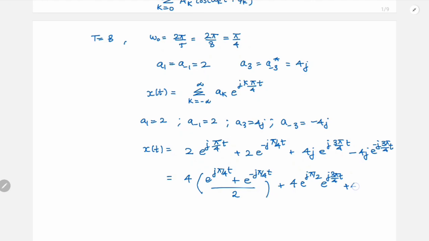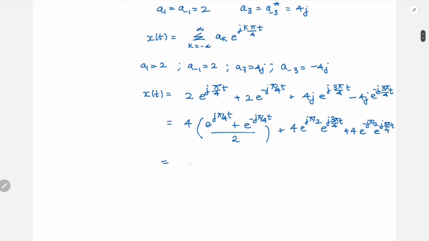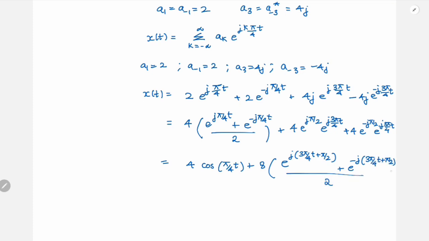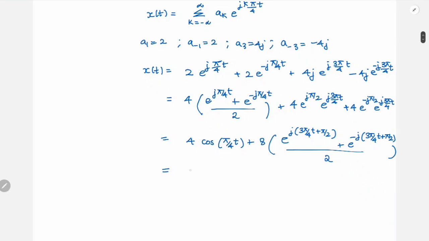Minus j we can write it as e power minus j pi by 2 and e power minus j 3 pi by 4t. So this is 4 cos pi by 4t plus 8 into e power j 3 pi by 4t plus pi by 2 plus e power minus j 3 pi by 4t plus pi by 2 divided by 2. So this is in the cosine form.